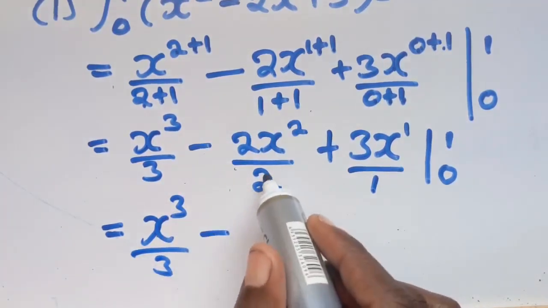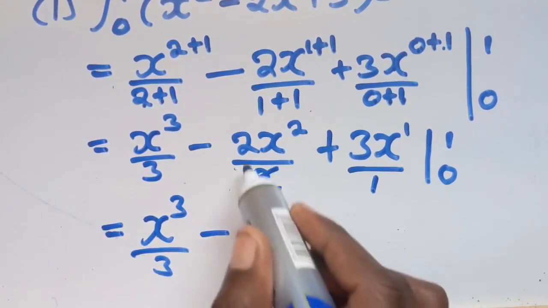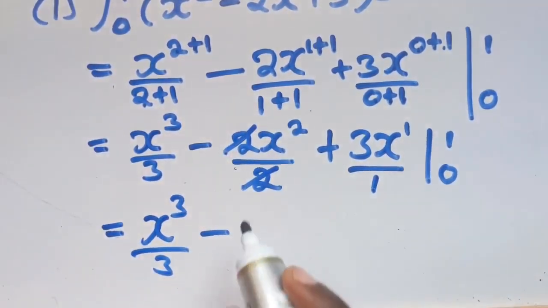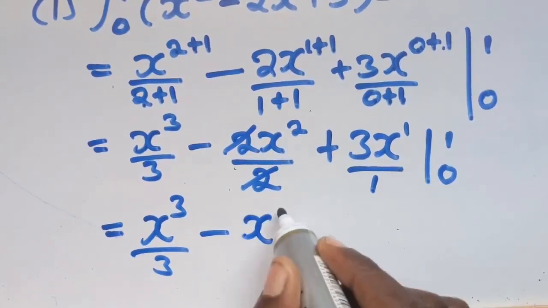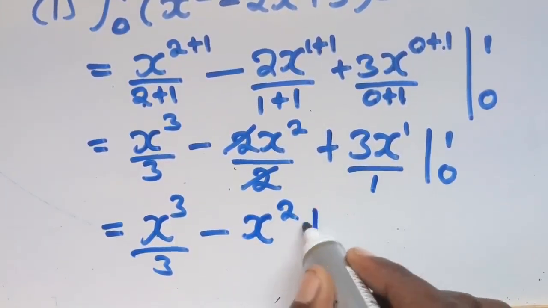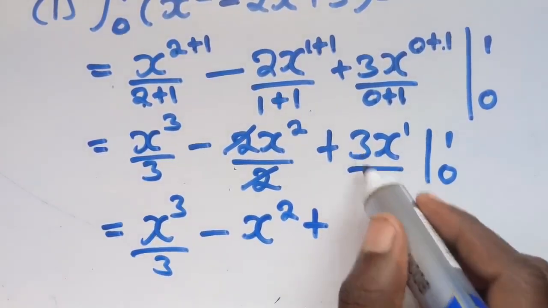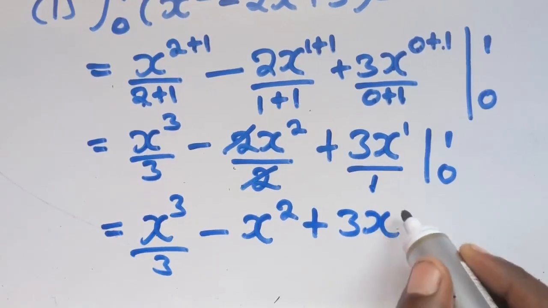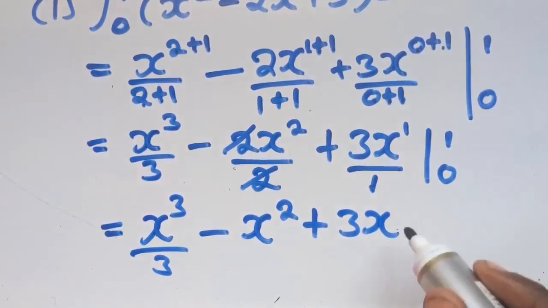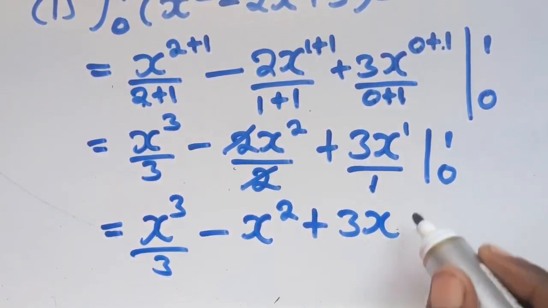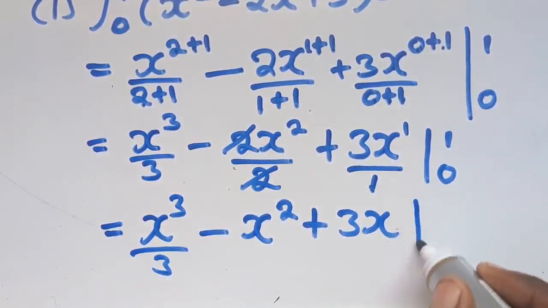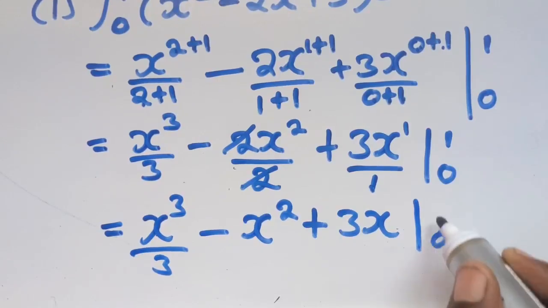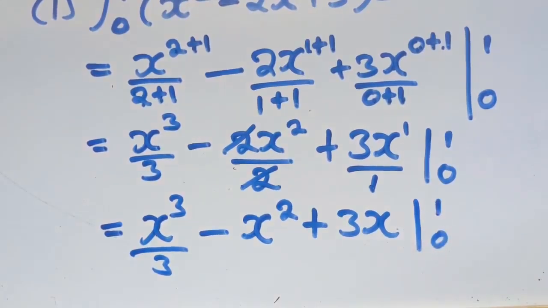The 2 can go into that 2, then we will have x to the power 2, then plus 3 in 1 into 3, we are going to have 3 to the power 1. To the power 1 is just 1, the same thing as leaving it like that. So we say the limits are from 0 to 1. I hope you have understood.